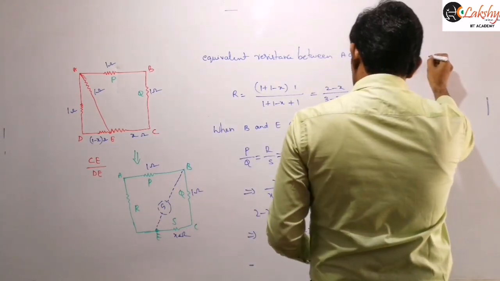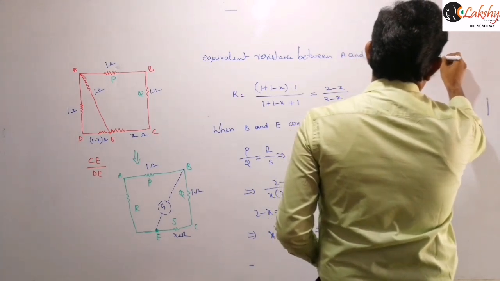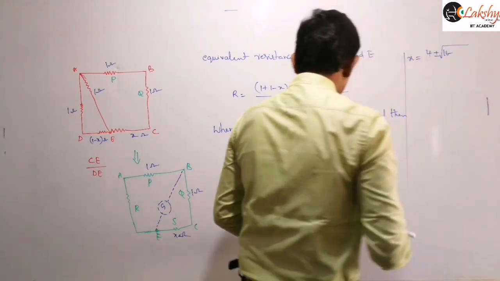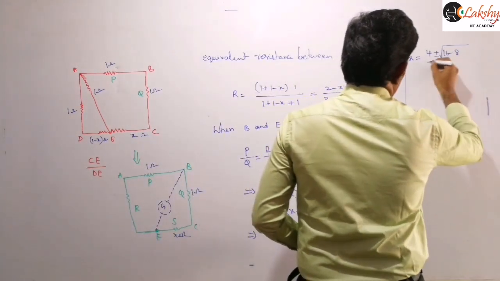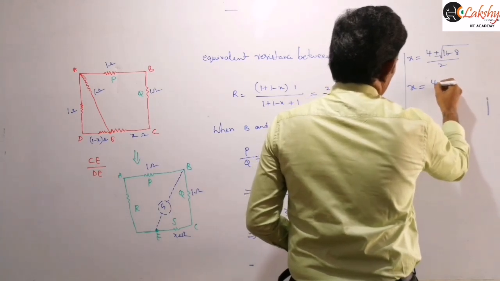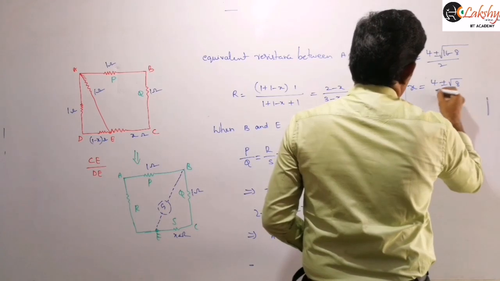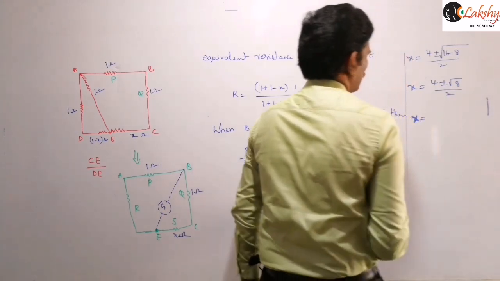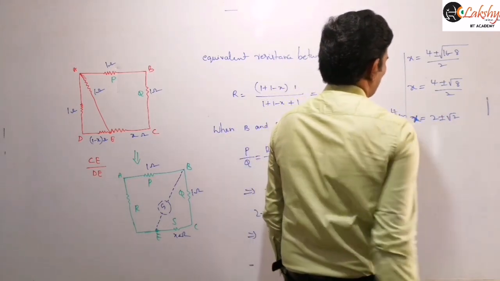So X is equal to minus B plus or minus under root of B square minus 4AC, so that is 16 minus 8 by 2A. Therefore this X is 4 plus or minus root 8 by 2. Therefore this X value will be 2 plus or minus root 2 you will get.